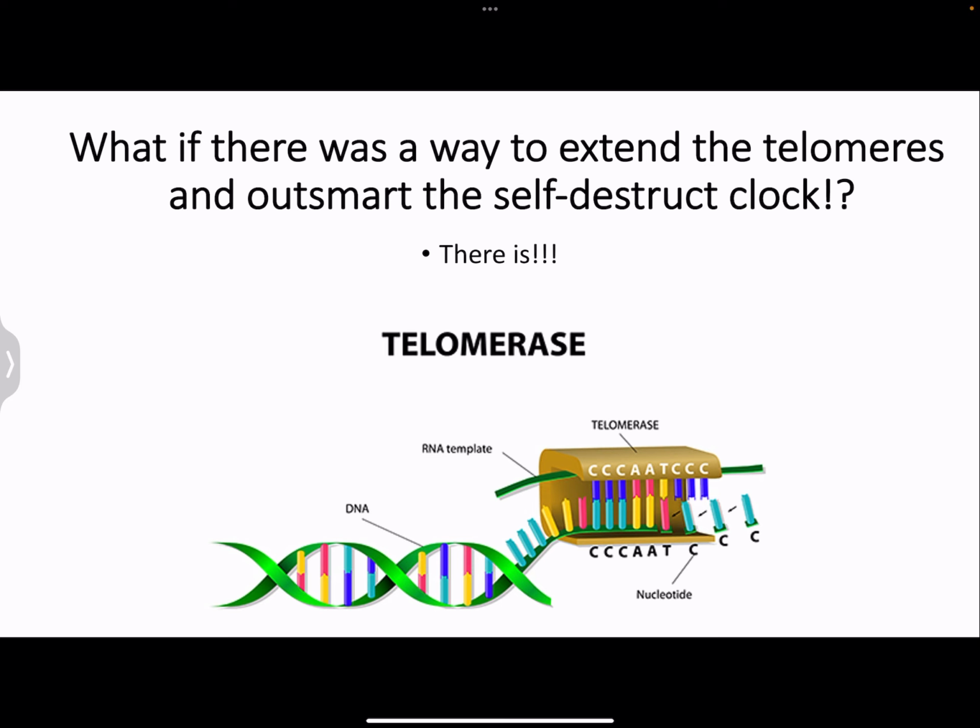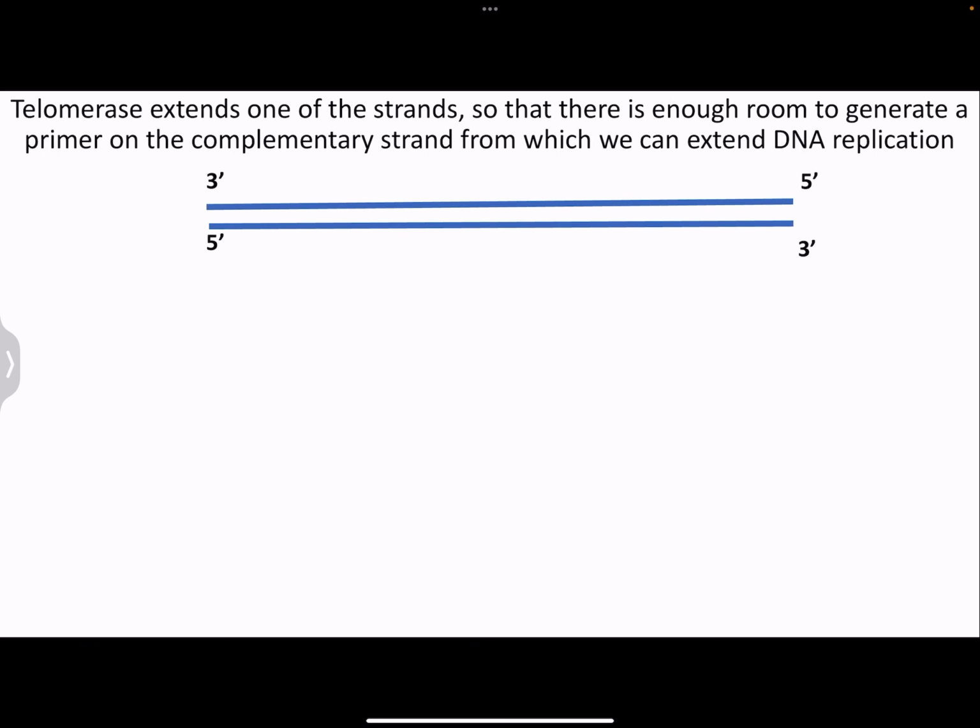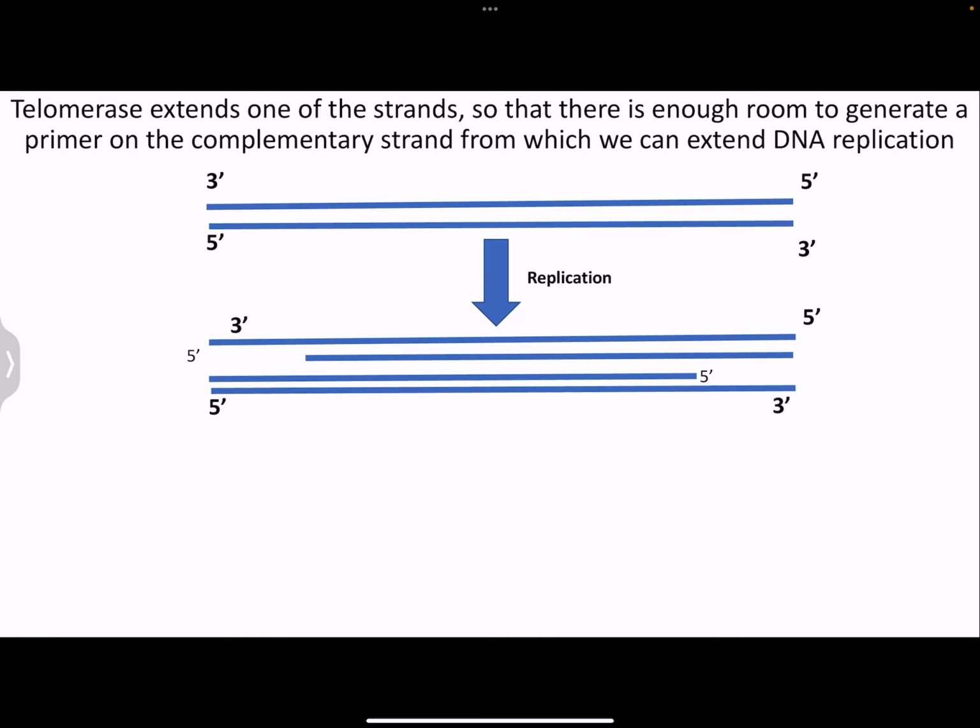Yes, there's a way to do this. It's called telomerase. One of the issues was, oh crap, we can't lay down an RNA primer to extend off of, but what if we had more runway so that we could make an RNA primer? So this is the replication that we saw earlier. And now what happens is telomerase comes into the picture and gives us more of that.